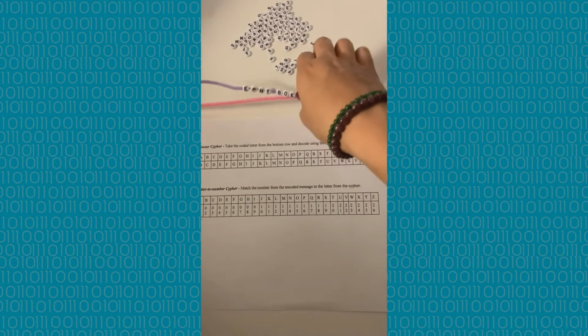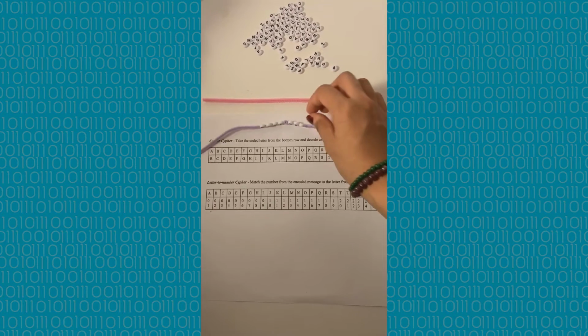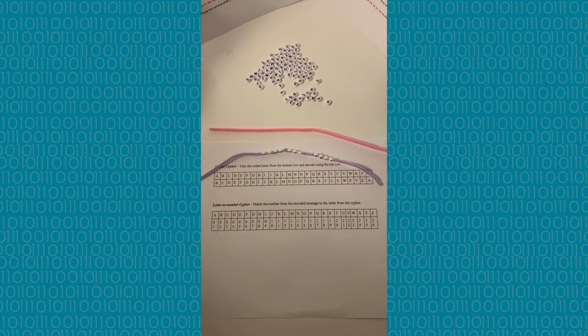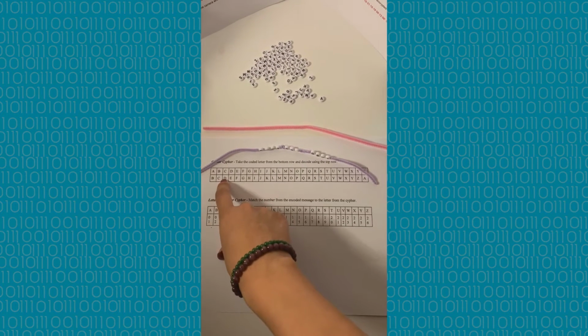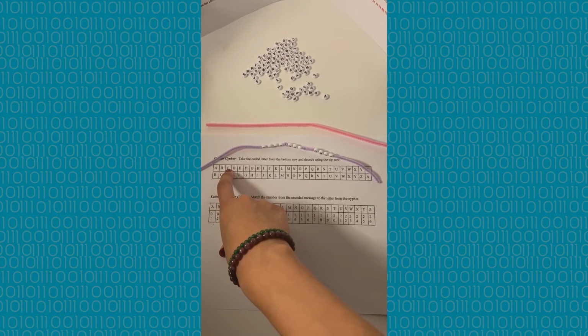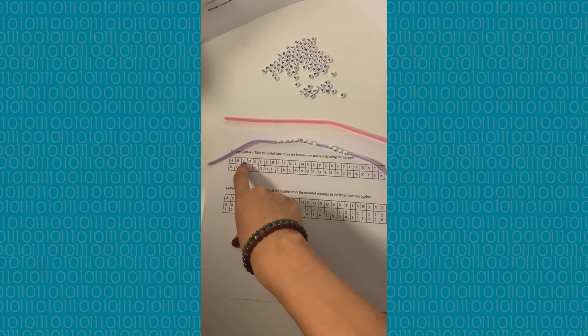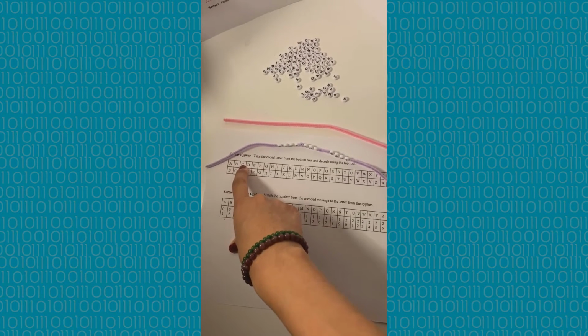Our first word is D, B, U, T. D corresponds with C. Let's find the letter C and put that on our second pipe cleaner.